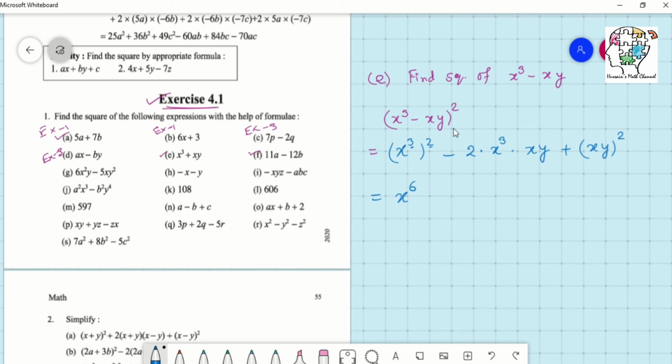That means this answer will not be x to the power 5. No, this will be x to the power 6. Now, this minus remains as minus, so there is only 2, no numbers, and x cubed and x are multiplied, so we just add the powers. That means x to the power 3 and x to the power 1. So 3 plus 1 will be x to the power 4.